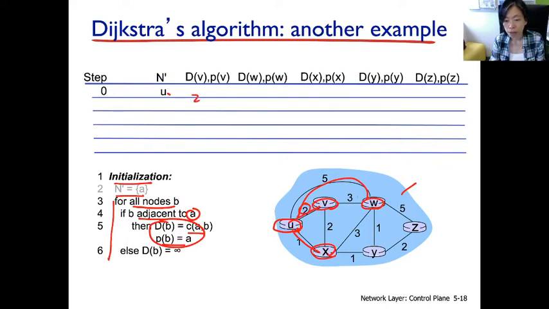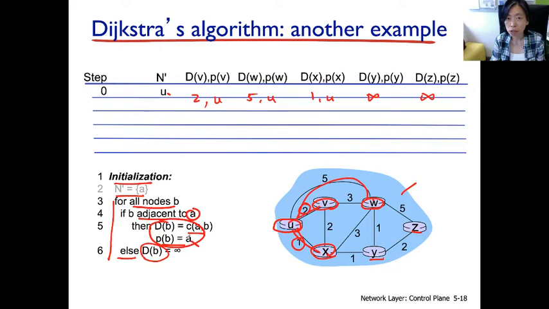And therefore, D(V) should be the link cost of UV, 2. D(W), link cost of UW. D(X), link cost of UX. The predecessor is always the source, therefore U, U, and U. For these two nodes which are not adjacent to U, we write infinity, which is the else here.